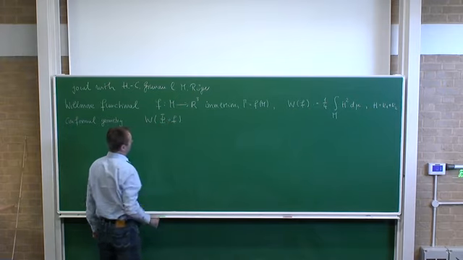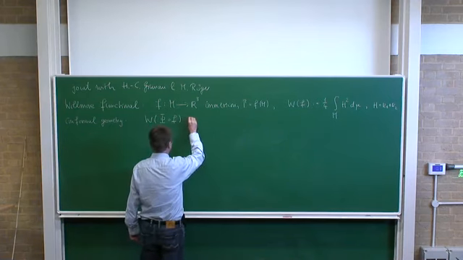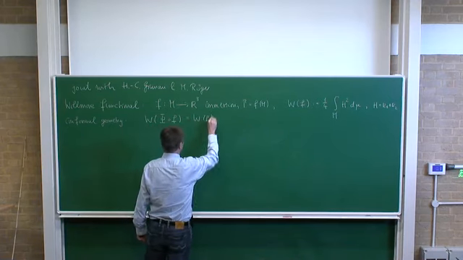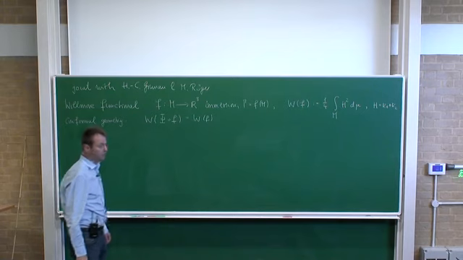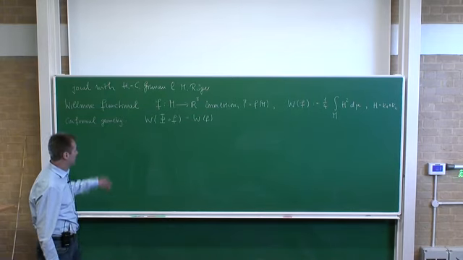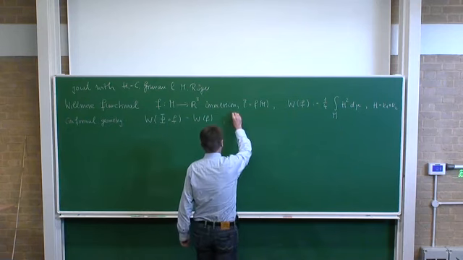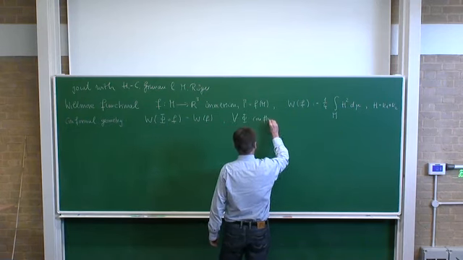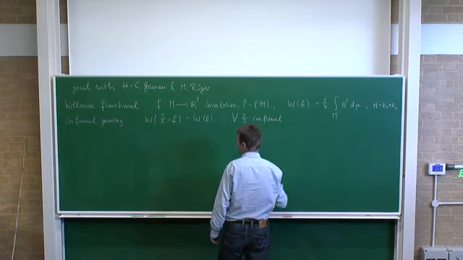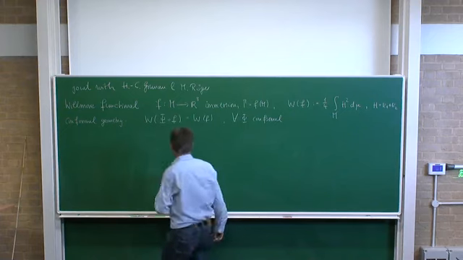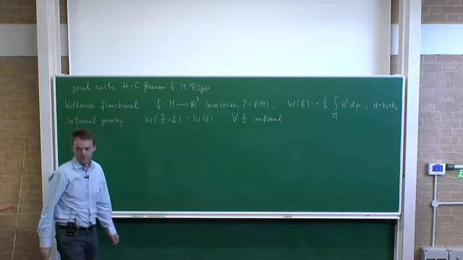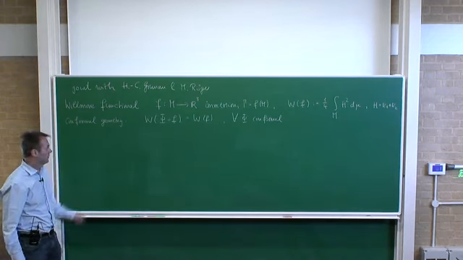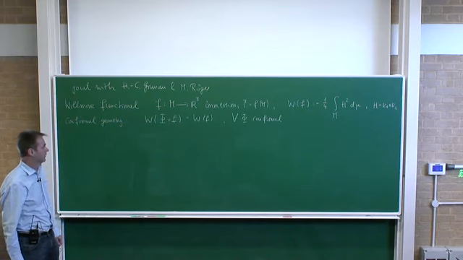So if phi is a conformal mapping in R3, then the value of the Willmore functional is unchanged, for all conformal mappings. So for example, translations, scalings, orthogonal transformations, but also the sphere inversion. These are conformal mappings, and then also compositions of those.